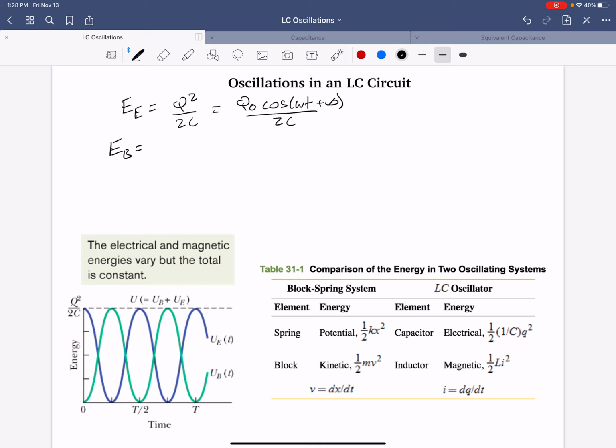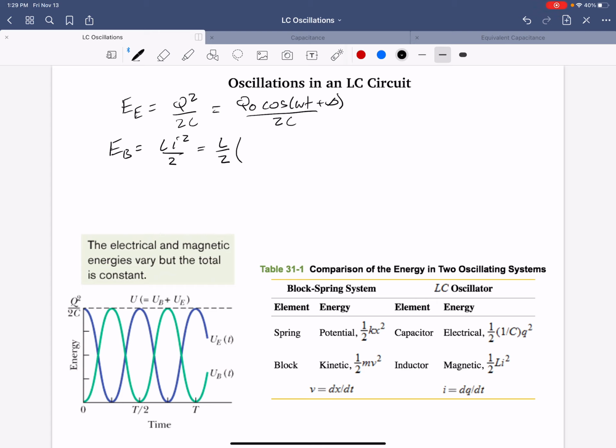Magnetic energy has the form of L i squared over 2. And remember, this i is effectively i as a function of time. We also found the form of that in the previous video, and that's squared.